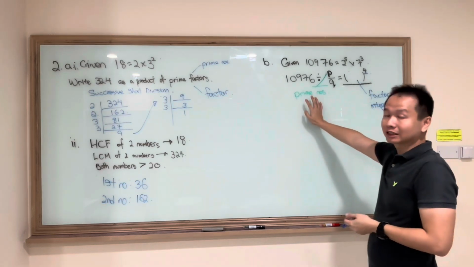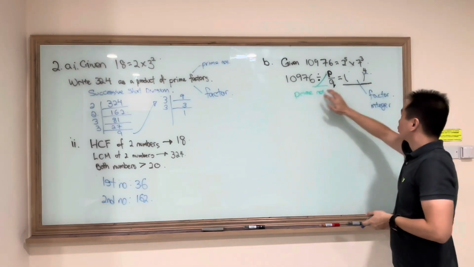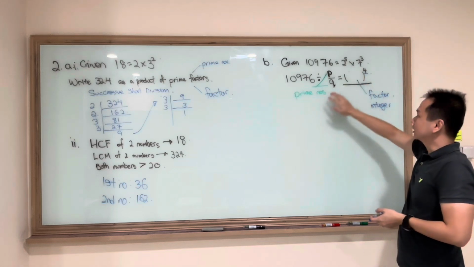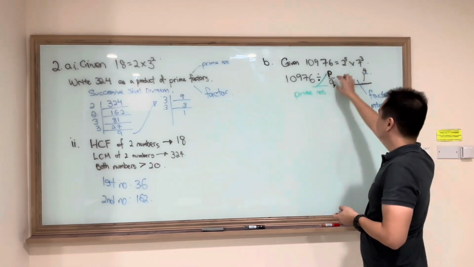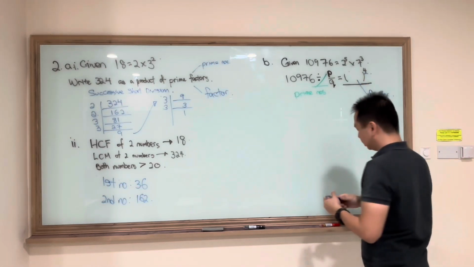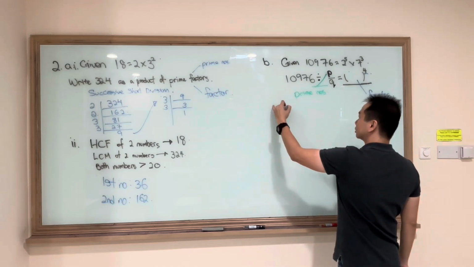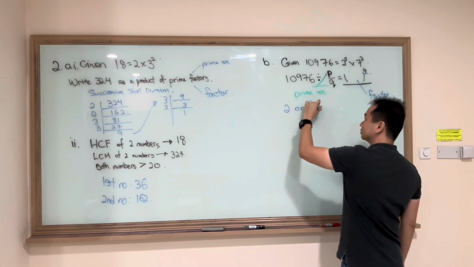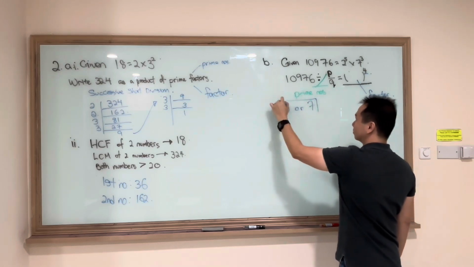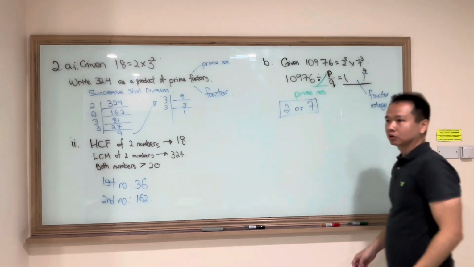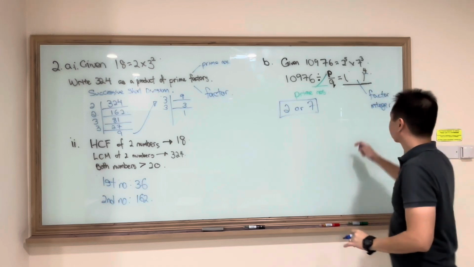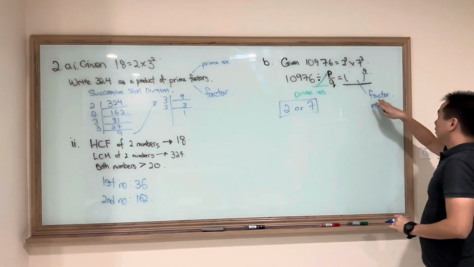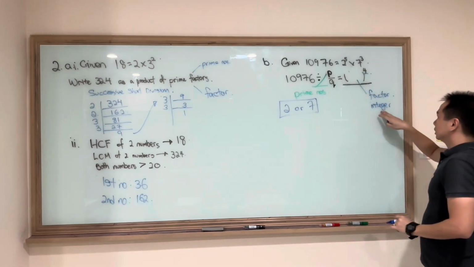So let's deduce. From the prime factorization, we can tell the prime numbers P and Q, either one is 2 or the other one is 7. So they are one of these numbers. Who is who? We don't know yet. And this number here is an integer.